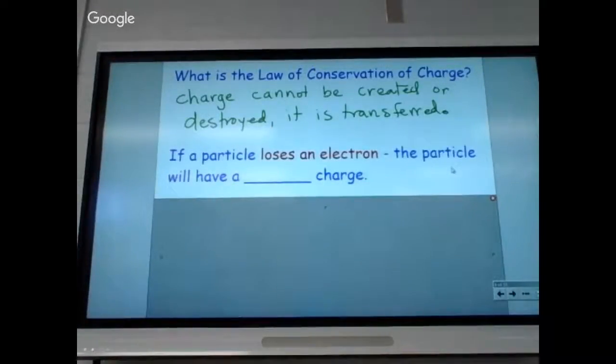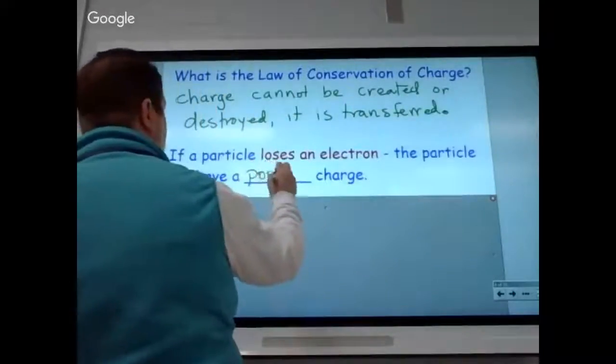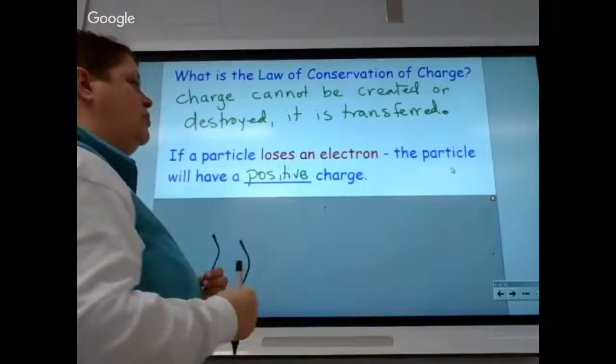If a particle loses an electron, what charge do you have? You have a positive charge. Now, most people struggle with this concept. Why do you have a positive charge if you lose an electron?